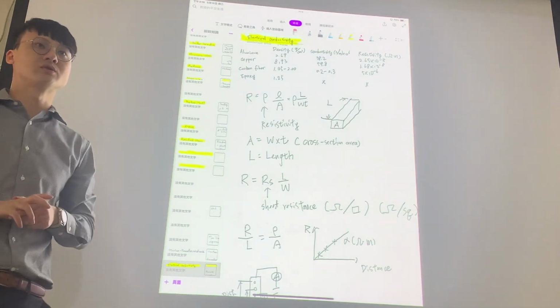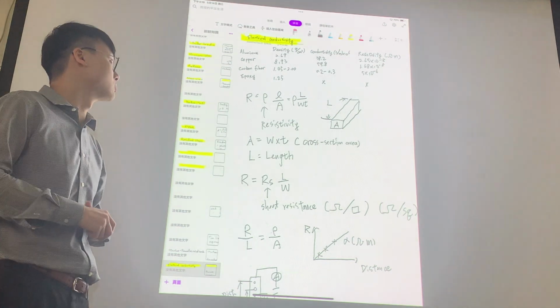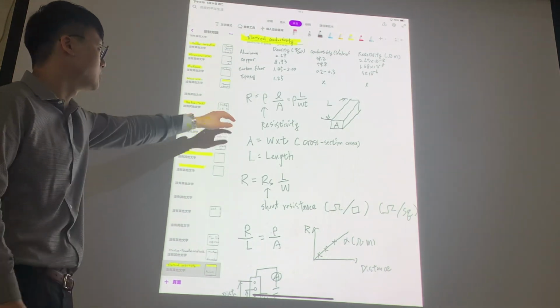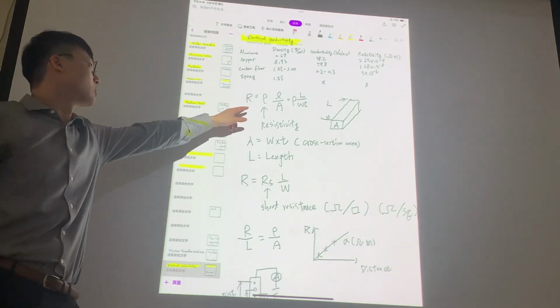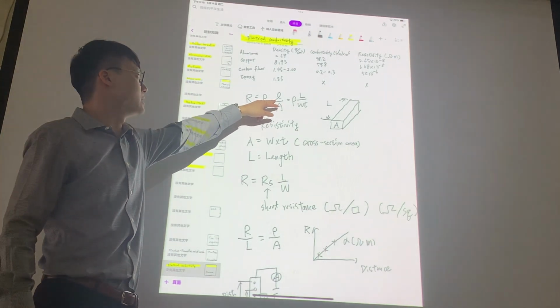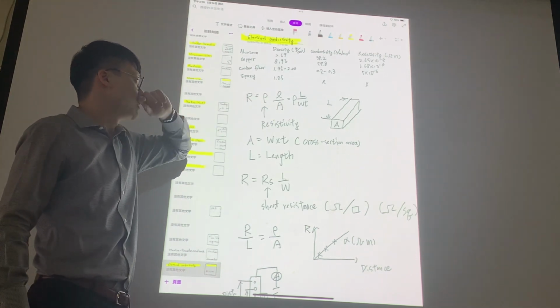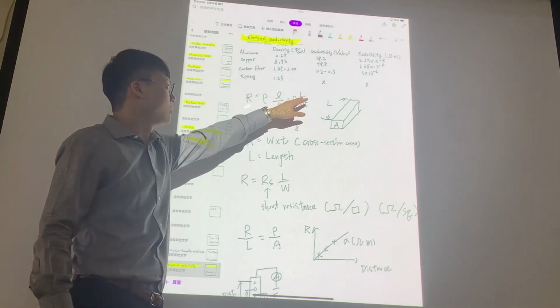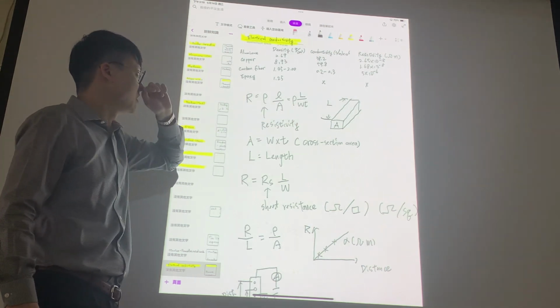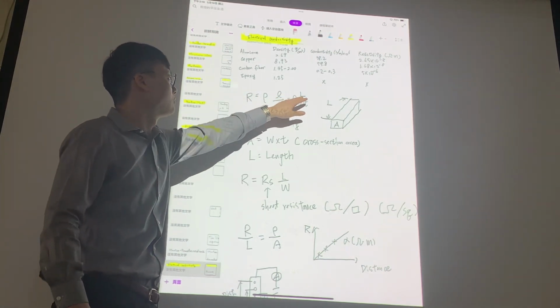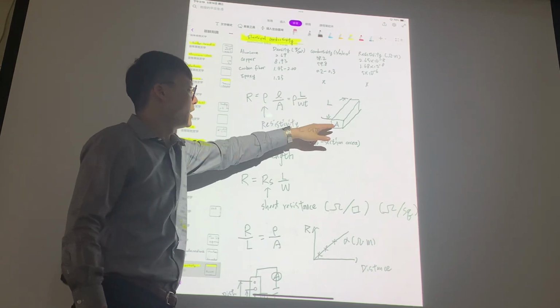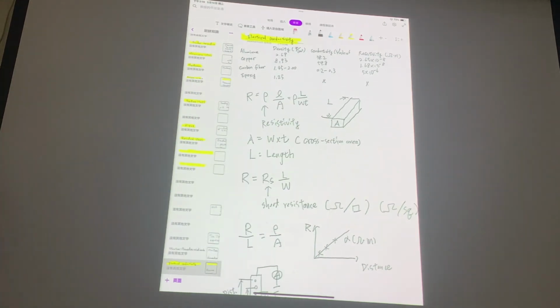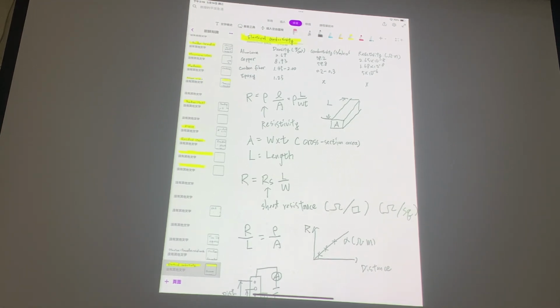Again, for those doing thermal conductivity research, I think you should also remember the electric conductivity equation: R, the resistance, equals the resistivity times L, the length, divided by A, the area, which equals resistivity times L divided by W times T. L is the length, A is the area, and A is W times T. So let me also include that. This is W, and this is T.